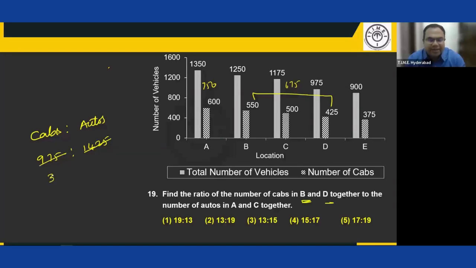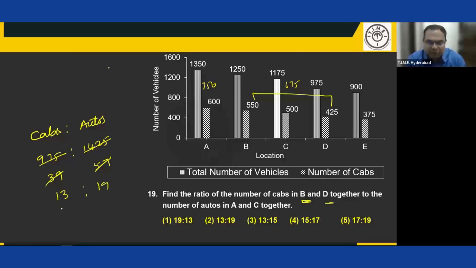Now 25 threes are 75, 25 fives are 125, 25 sevens are 175. Sorry, 225, 25 nines. So again 3 13s, 3 19s.